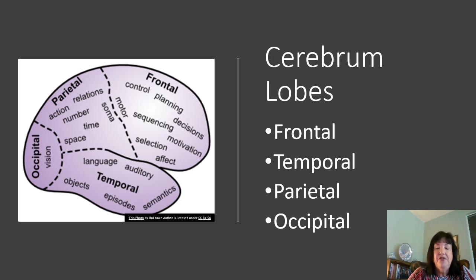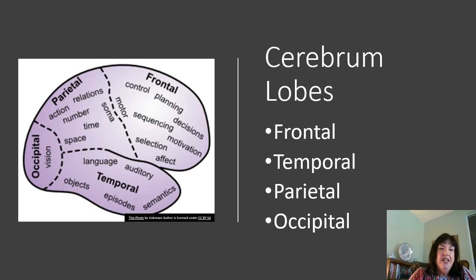You think about the patients you've taken care of who have had a CVA, for instance, and they may not understand a direction that we're giving them, or they may not be using appropriate words when they're talking to us. They may not be able to speak to us using normal language. All of those functions are centered in the temporal lobes.